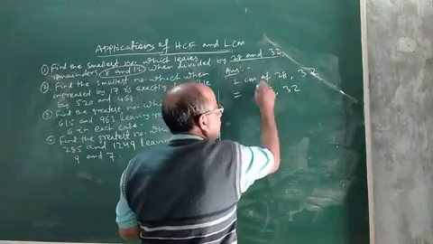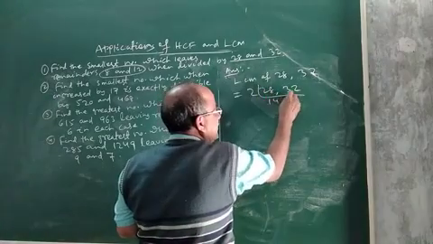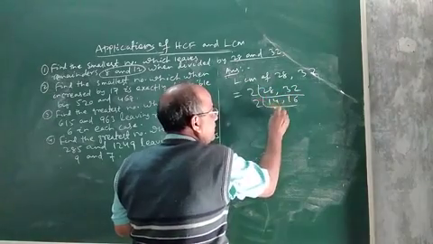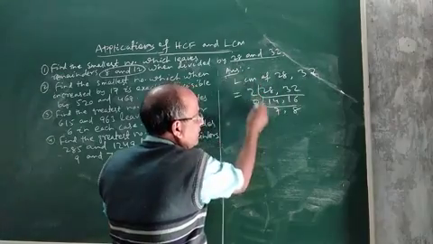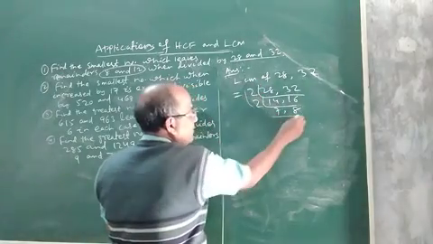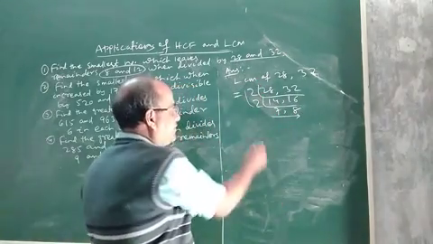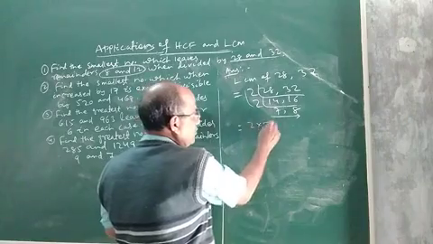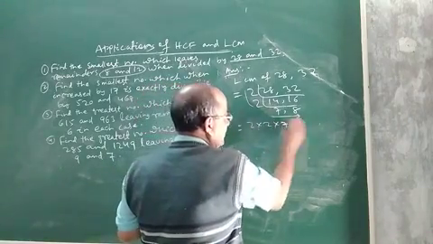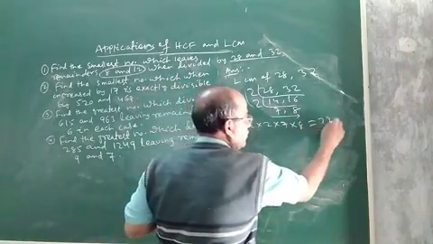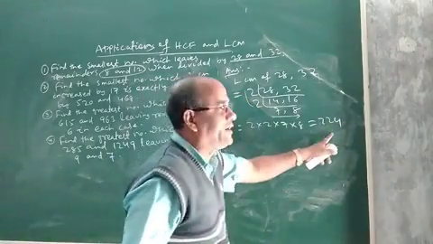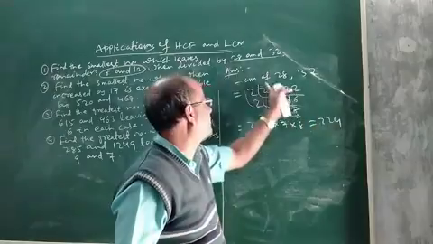Dividing 28 and 32 by 2 gives 14 and 16, dividing by 2 again gives 7 and 8. Now multiply the common and non-common factors: 2 into 2 into 7 into 8, which is 224. So 224 is the LCM of these two numbers.